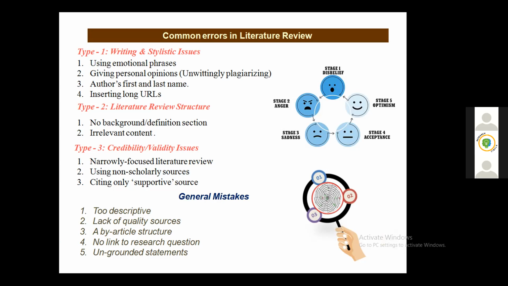These are the common mistakes in writing. So I told you about three different areas: type 1, type 2, and type 3 errors. We are not supposed to use personal opinions in the literature review or the paper writing.